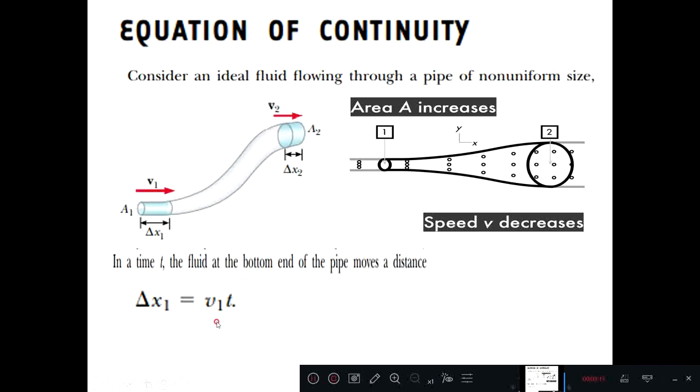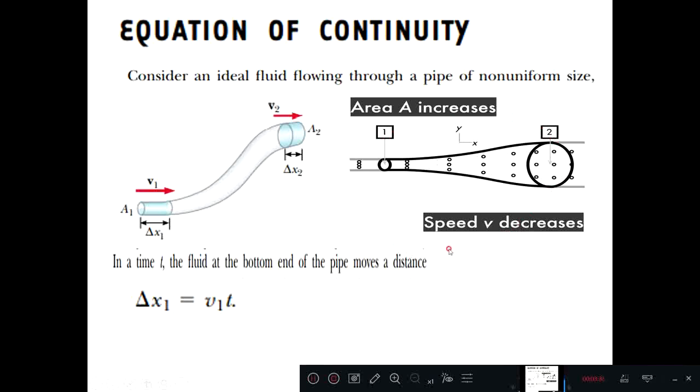As we know, the formula for velocity is distance by time, so the distance equals velocity multiplied by time. Since we are considering section 1, it is written as v1, and the distance traveled by the fluid particle is delta x1.